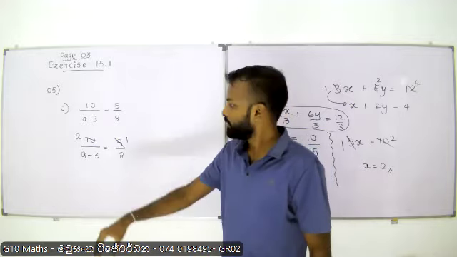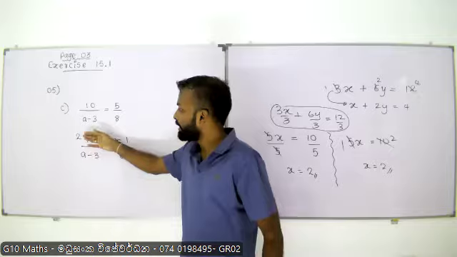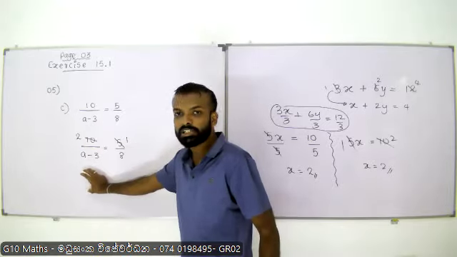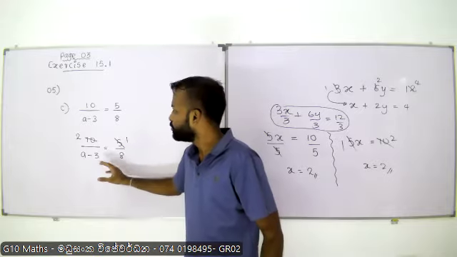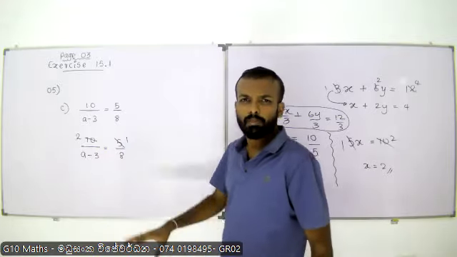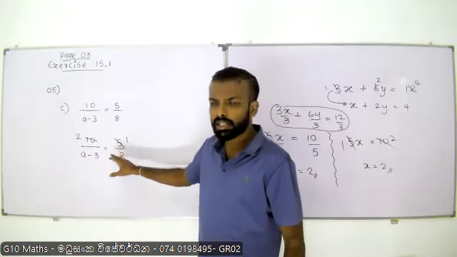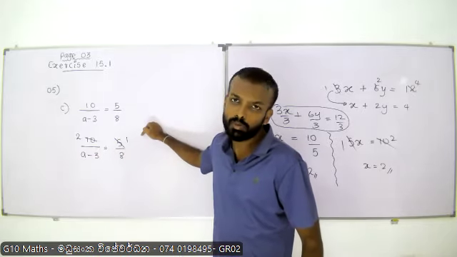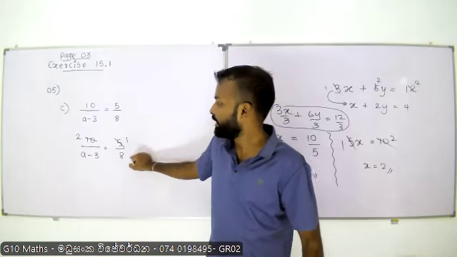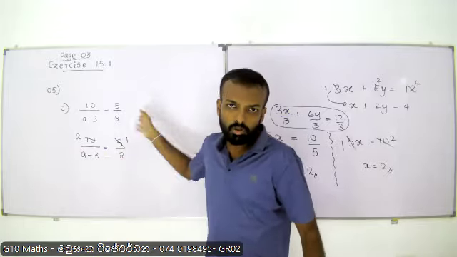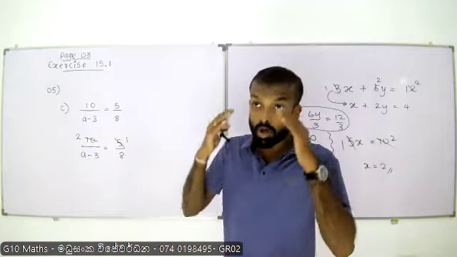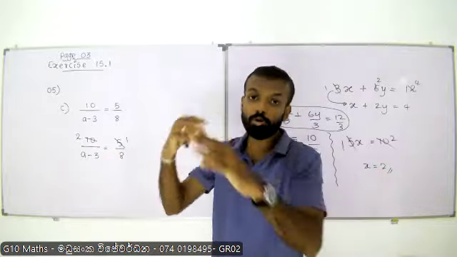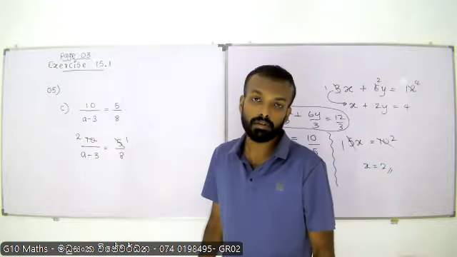You can do the same thing on the spot instead of writing this simplified version here. You know the thing, right? 5 times 1, 5 times. Now here you have numerator 2, here you have numerator 1, and denominator 8, denominator 3. Do the cross multiplication. You have to see the two arrows crossing together.